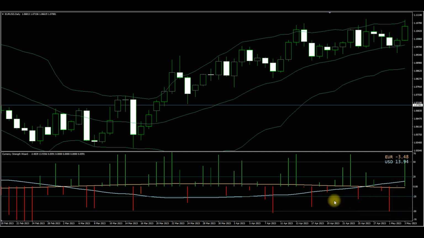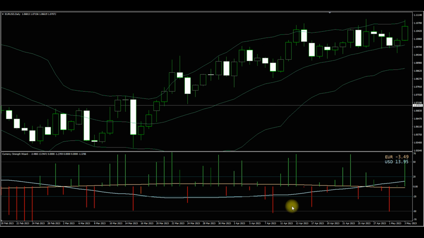So all these levels show you the deviation for these volume bars. The stronger the deviation is, the stronger the volume becomes.